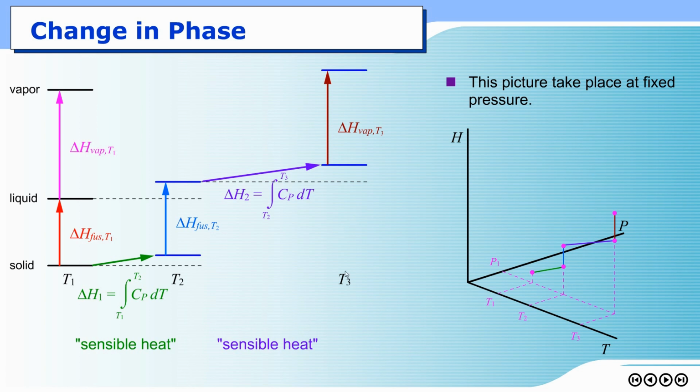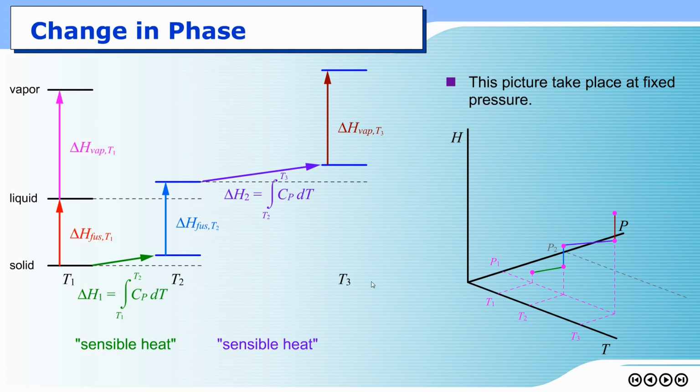Now, this diagram takes place at pressure P1. Okay, this is the same pressure. The whole steps take place under the same pressure. What would happen if I like to calculate the change from solid ice to steam at different pressure?